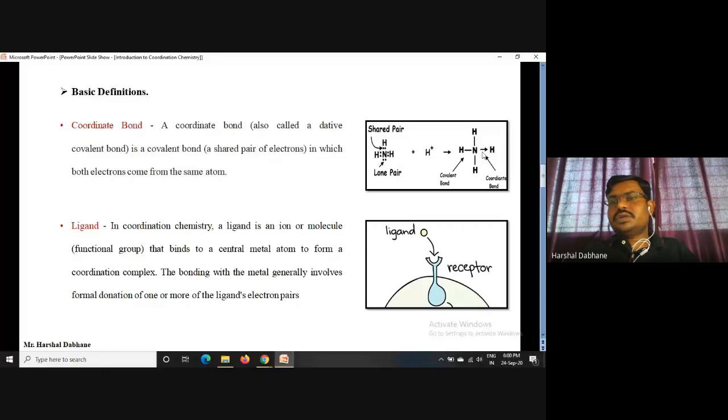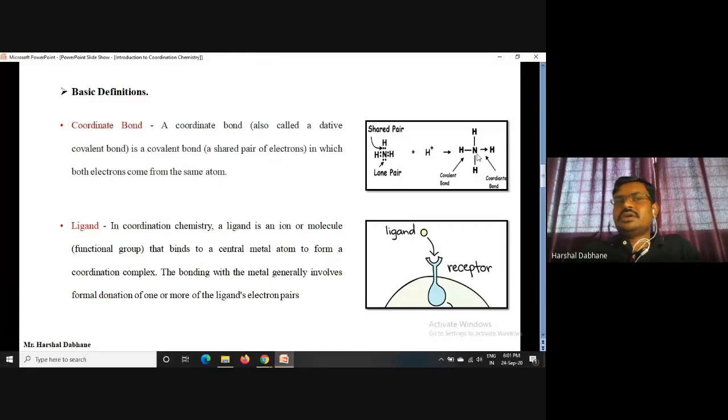Because both electrons required for the bond formation between the nitrogen and hydrogen are coming from the nitrogen, because hydrogen doesn't have electrons. Nitrogen coordinates the hydrogen by giving its own electrons to it. So that's why this bond is the coordinate bond.